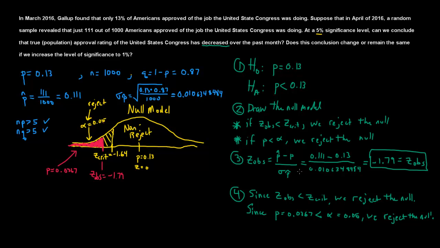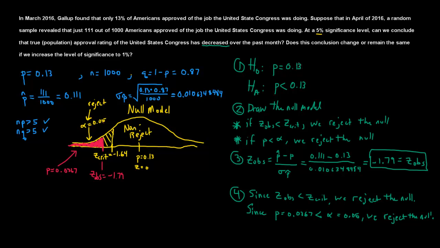Okay, so the conclusion to the first question is we reject the null hypothesis. So at a 5% significance level, can we conclude that the true population approval rating of the United States Congress has decreased over the past month? And we say yes, because we have to reject the null hypothesis. Remember, the null hypothesis is that the approval rating is 13%.